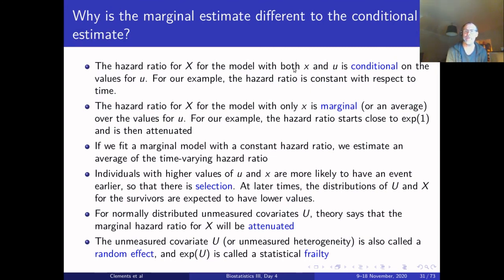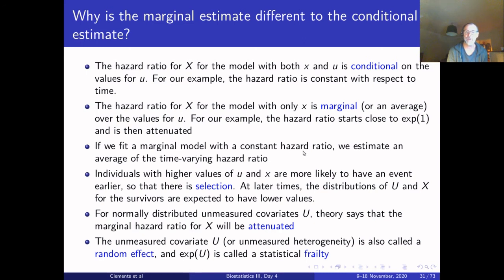So the hazard ratio for X with both X and U is conditional on the values for U. For our example, the hazard ratio is constant with respect to time. The hazard ratio for X for the model with only X is marginal, or an average over the values for U. For our example, the hazard ratio starts close to exponential of 1 and is then strongly attenuated.